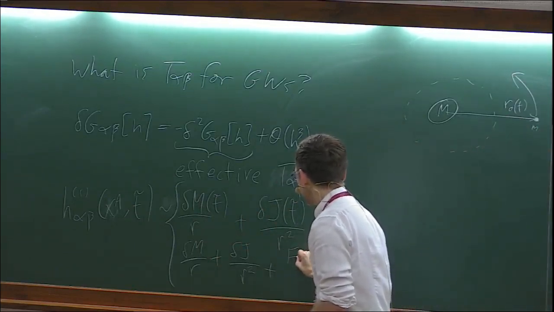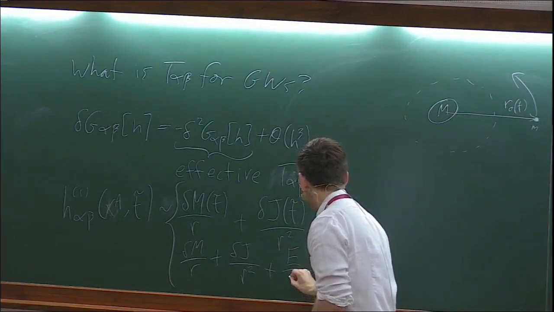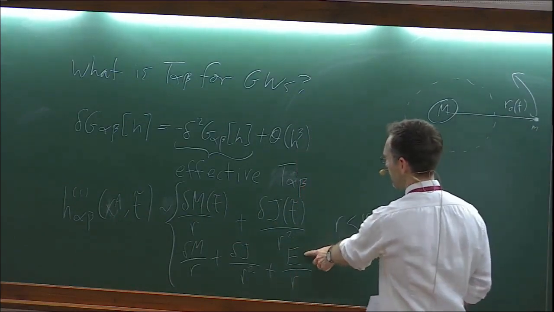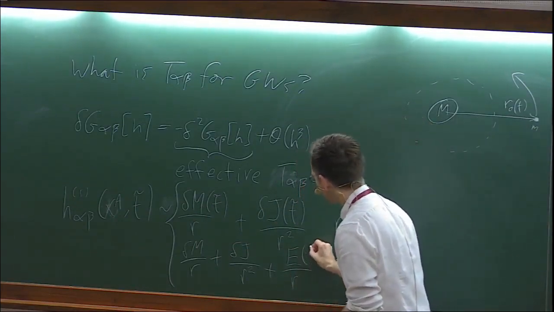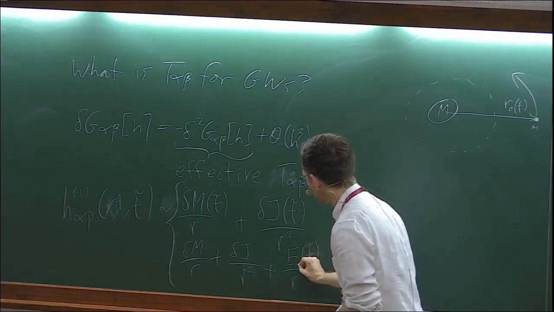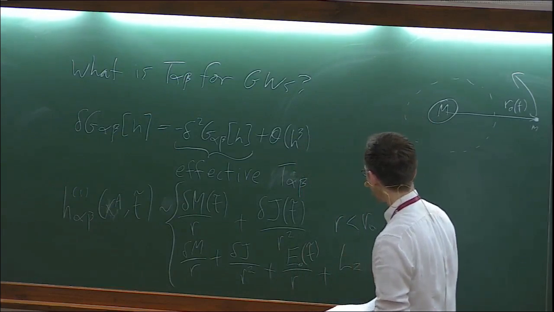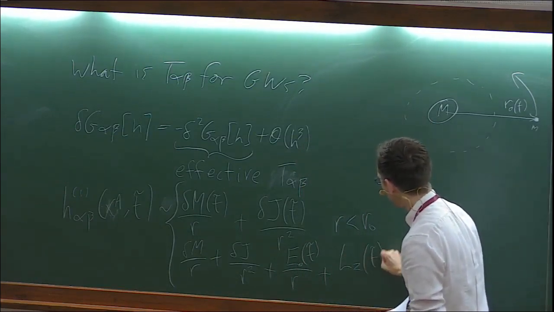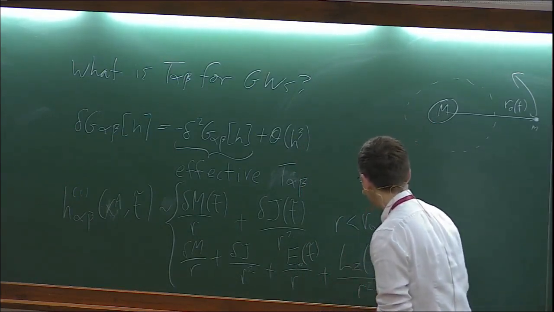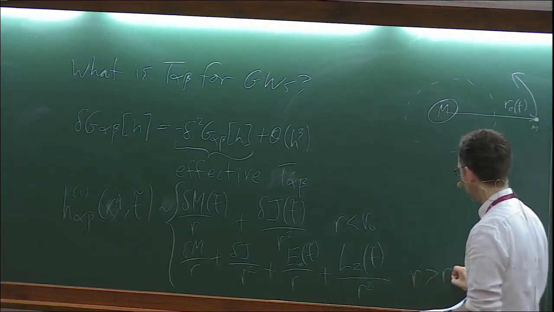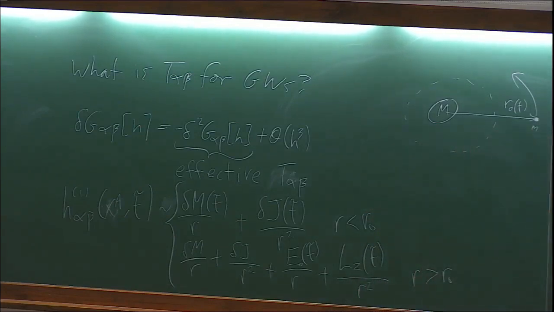So then you have the energy of the particle looking like a mass term. That's slowly evolving with time. And then you have the angular momentum of the particle, which is also evolving slowly with time.